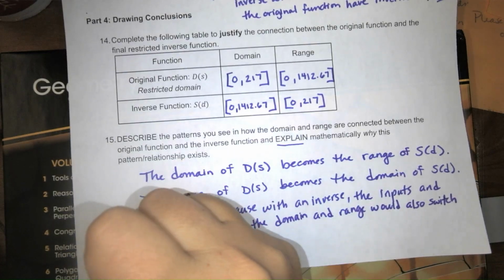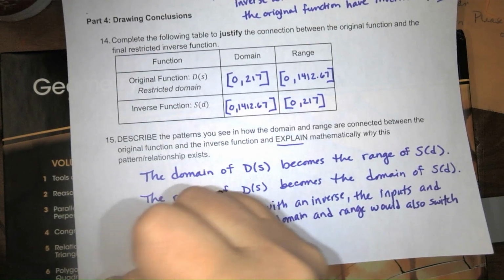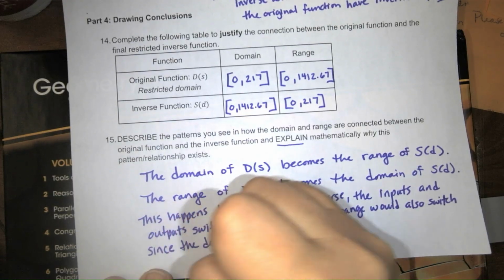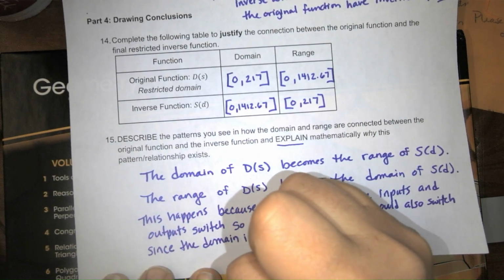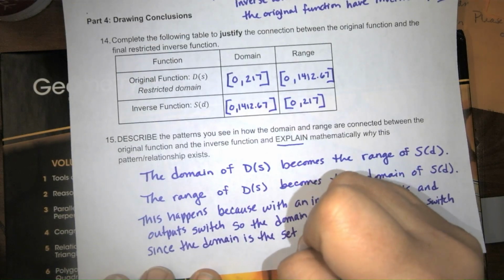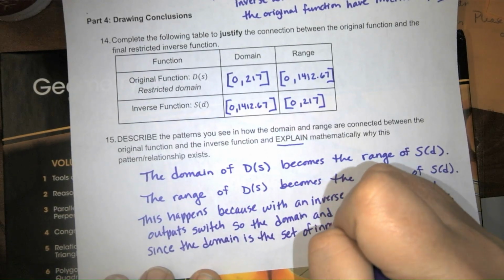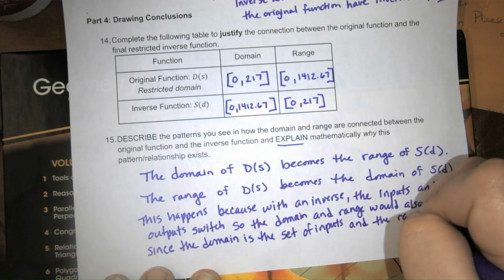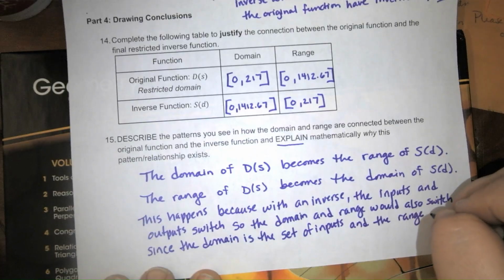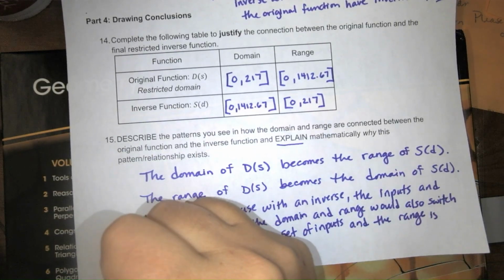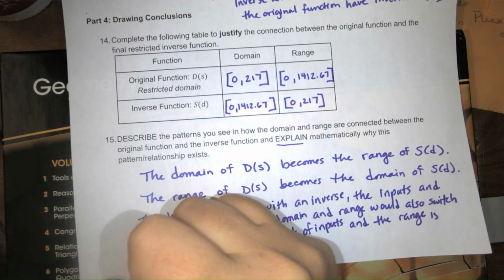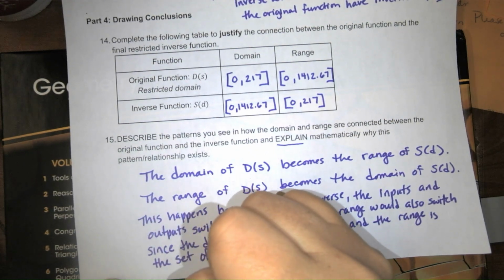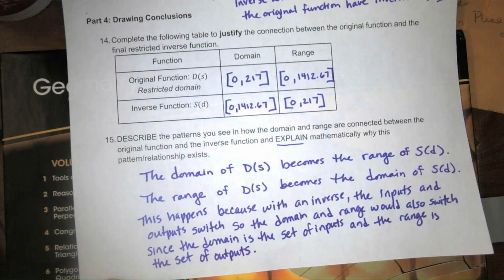Since the domain is the set of inputs, and the range is the set of outputs. There we go.